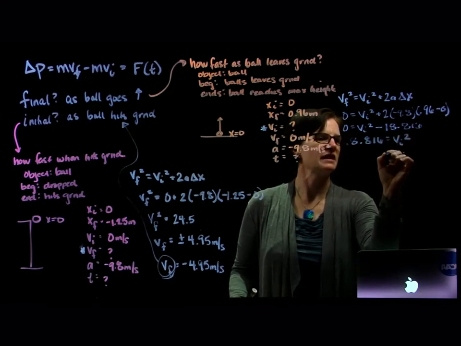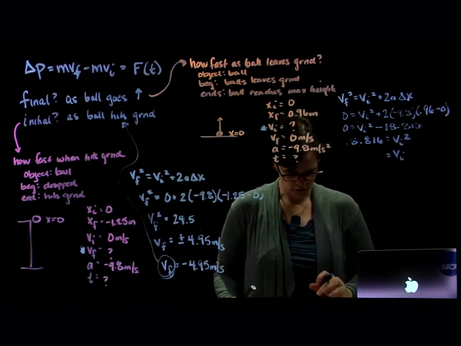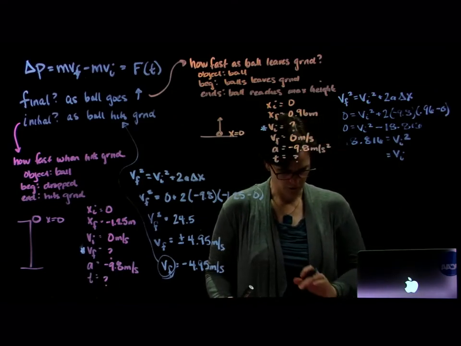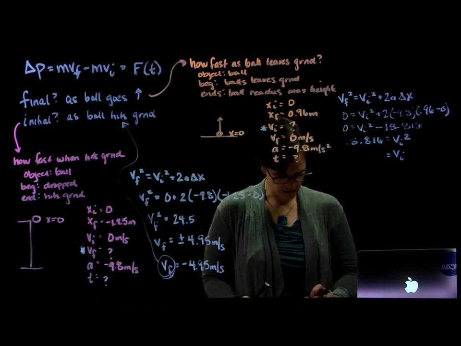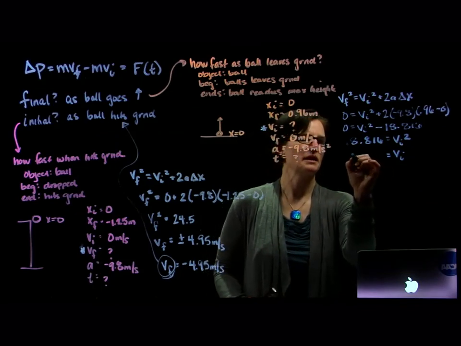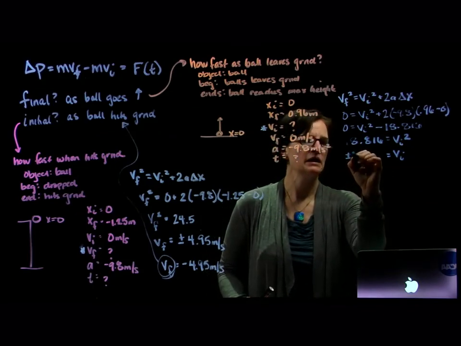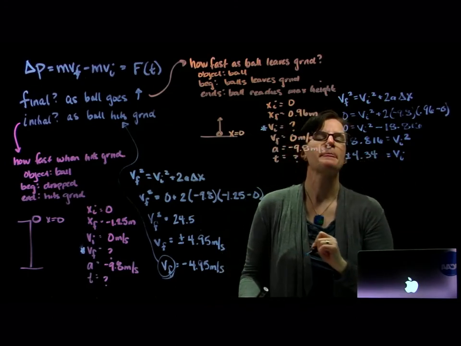And we find that V initial is equal to the square root of 18.816, plus or minus 4.34.